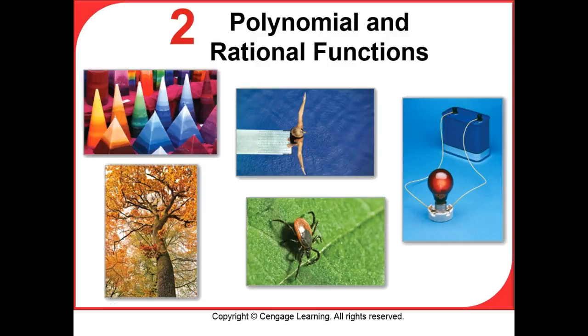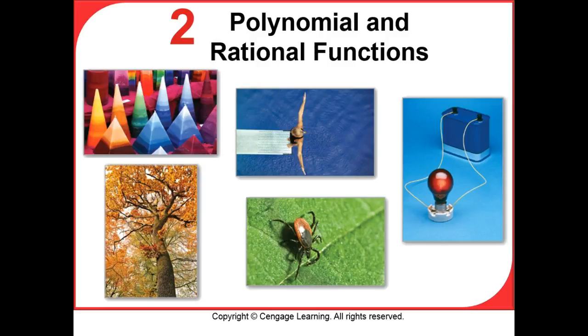Number 4, when the graph of a quadratic function opens downward, the leading coefficient is blank. Negative. And when the graph is upside down, what is the vertex? It's the maximum. Exactly.